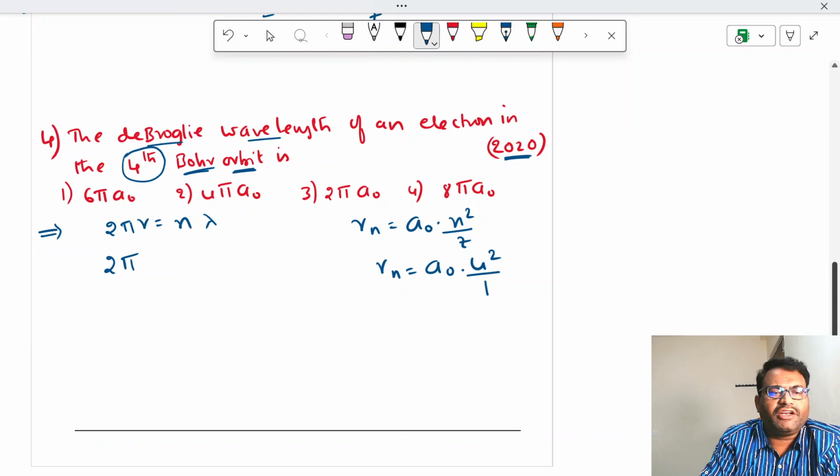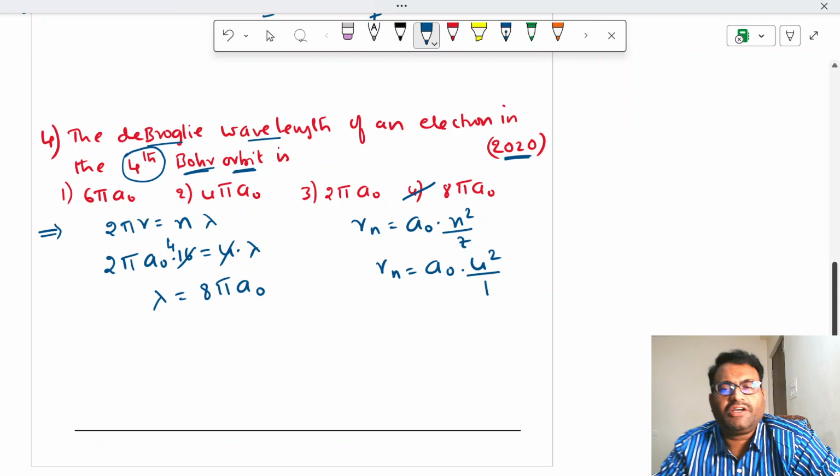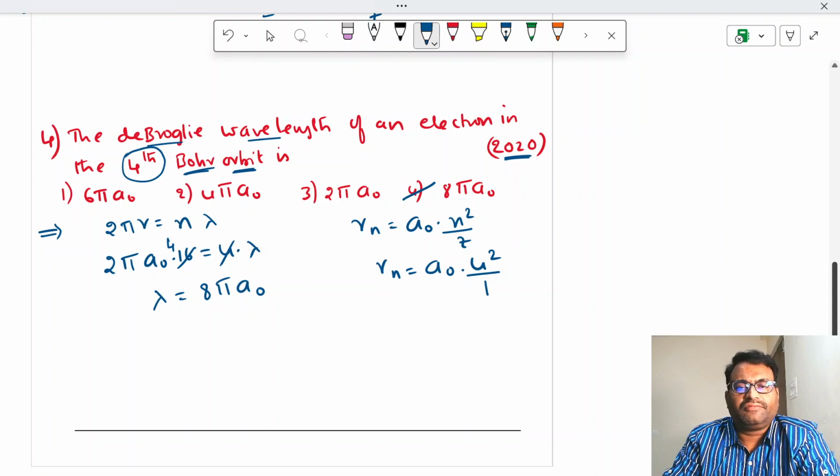Substitute here: A0 into 16 is equal to 4 into lambda. Then lambda is equal to, what do you get? 4 fours are 16, so lambda is 4 A0, that is, 4 pi A0 after 2 pi r. So what is the answer? The fourth option will be the correct answer. Okay.